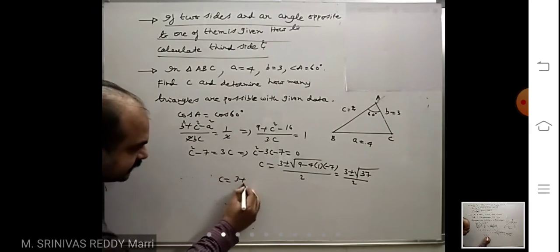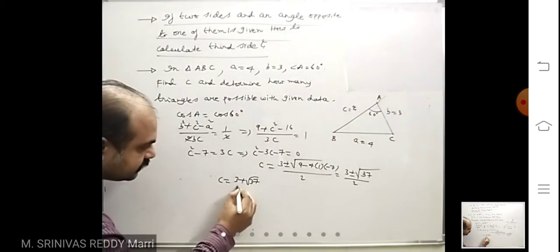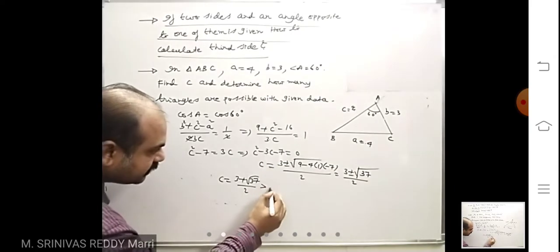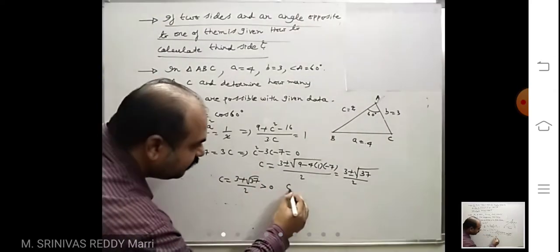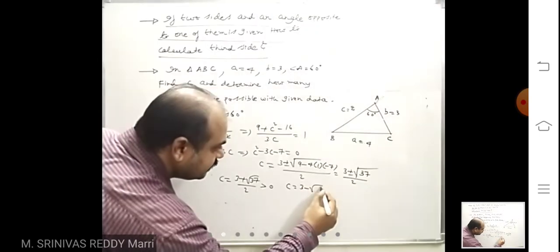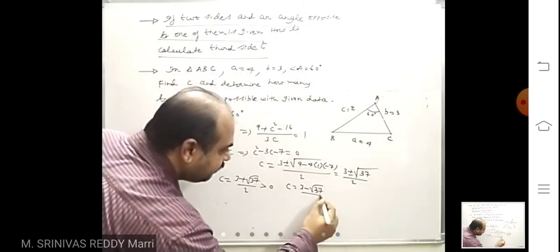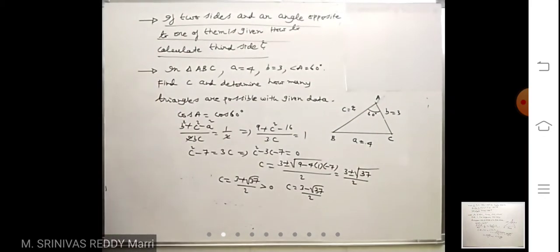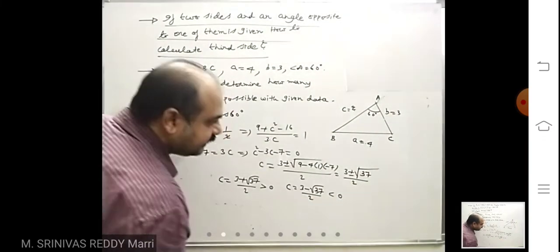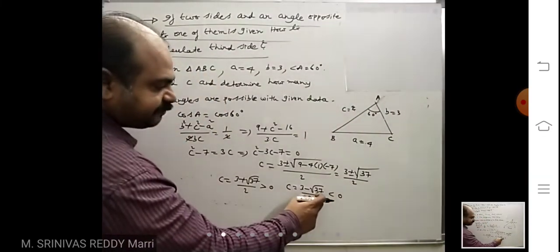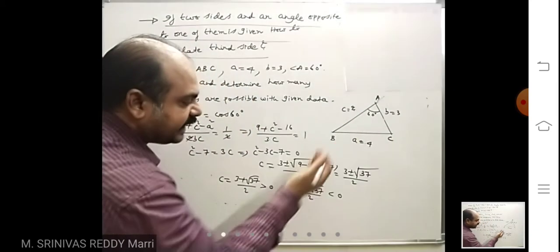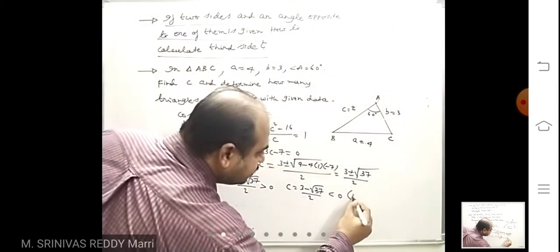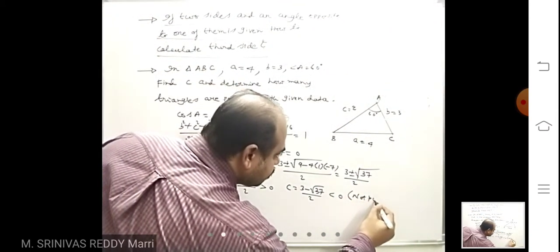Out of that, 3 plus root 37 by 2 is a positive quantity. And 3 minus root 37 divided by 2 is a negative quantity, because root 37 is 6 point something, and 3 minus 6 point something is negative. The length of a side cannot be negative, so this is not possible.